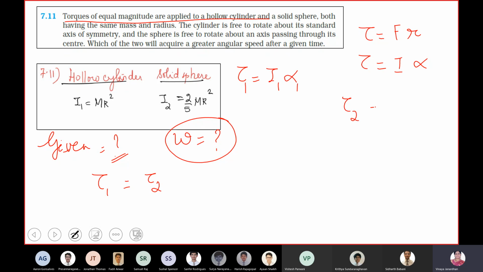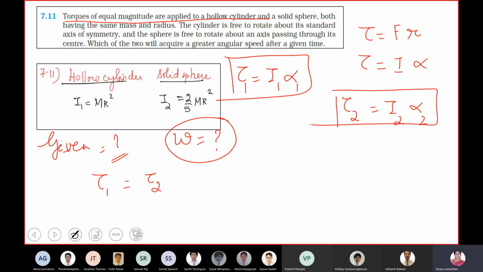Tau 2 will be equal to I2 alpha 2. This is for the cylinder, this is for the sphere. Now equate both, because both are undergoing the same torque, so tau 1 must be equal to tau 2. So get alpha 1 and alpha 2.